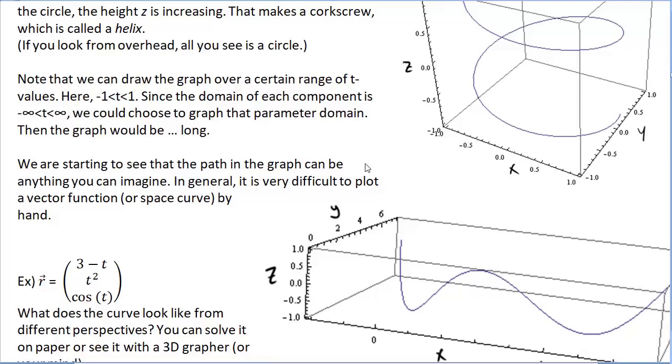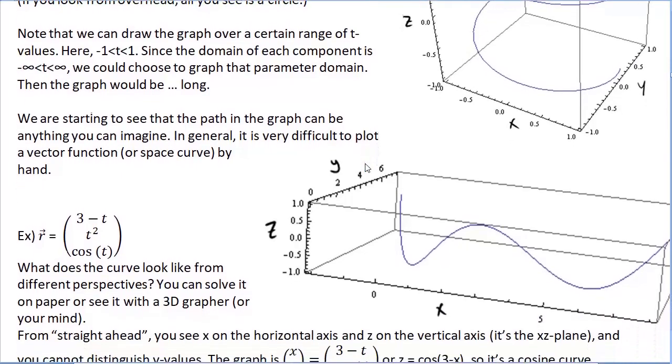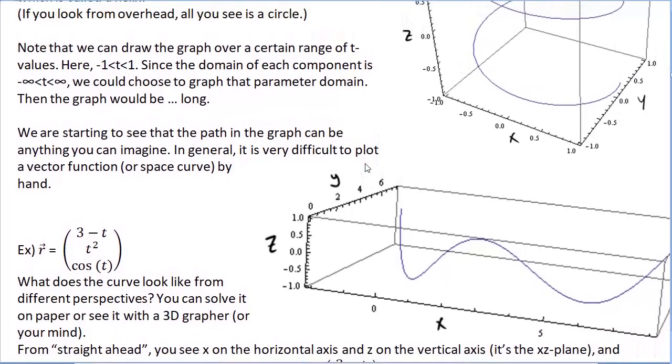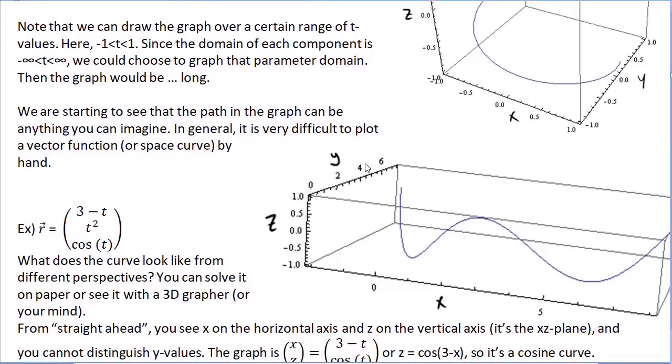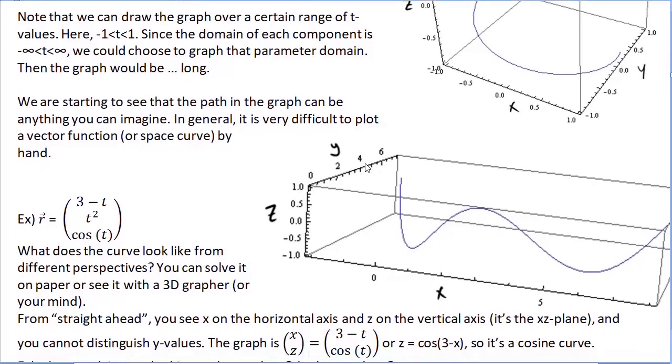So first we're actually going to do some solving. From straight ahead, from the graph that we've drawn here, you would see it from the x, z perspective. So x on the horizontal axis and z on the vertical axis. And you would not be able to distinguish y values.